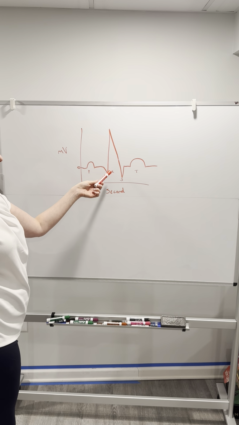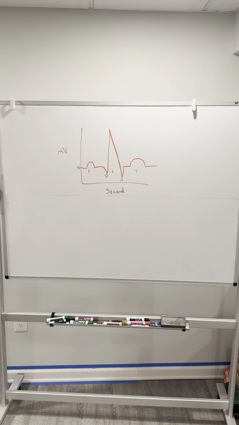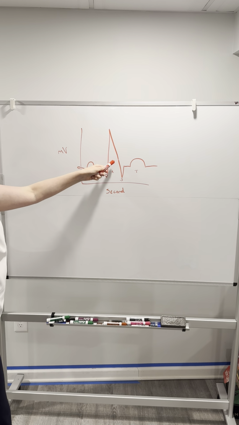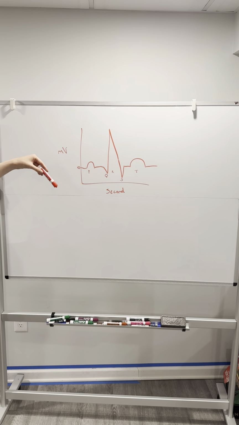That's what would happen during repolarization. Depolarization is when you're getting that electrical signal. In the T wave, that's ventricular repolarization. You can't really see the atrial repolarization here because the ventricular depolarization is such a high wave, but it is happening.